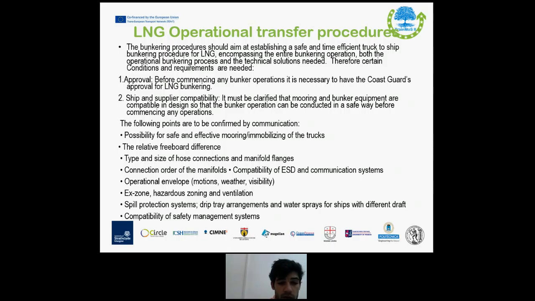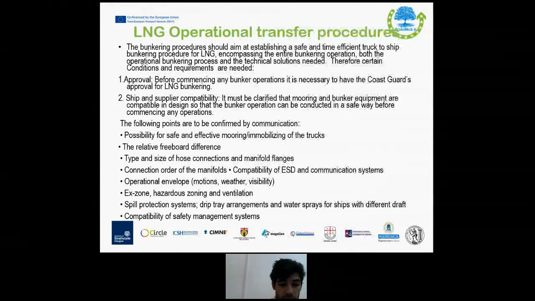The following points are to be confirmed by communication. Possibility for safe and effective mooring and immobilizing of the truck. The relative freeboard difference. The type and size of hose connections and manifold flanges. Connection order of the manifolds. Compatibility of ESD communication systems.